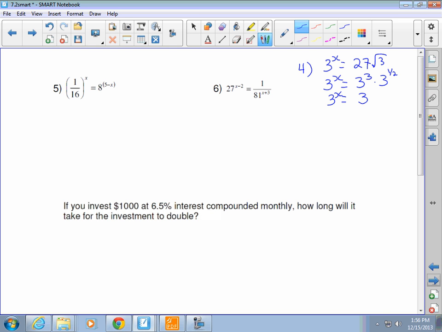So this becomes 3 to the power of 3 plus 1/2. So I can drop my bases now, and I have x is equal to 3.5. And you're done.